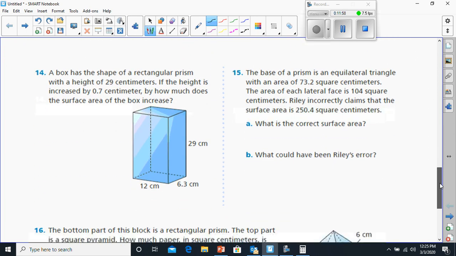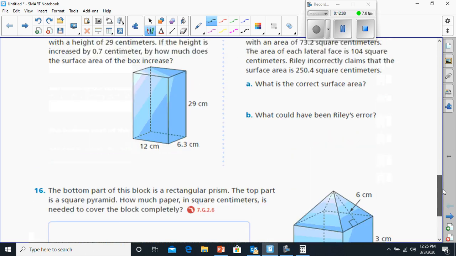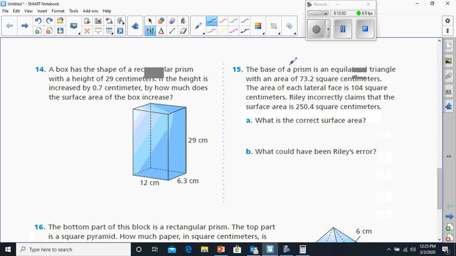The last one I'm going to do looks like to be number 15. The base of a prism is an equilateral triangle. An equilateral triangle means all the sides are the same, right? And the prism comes down like this.